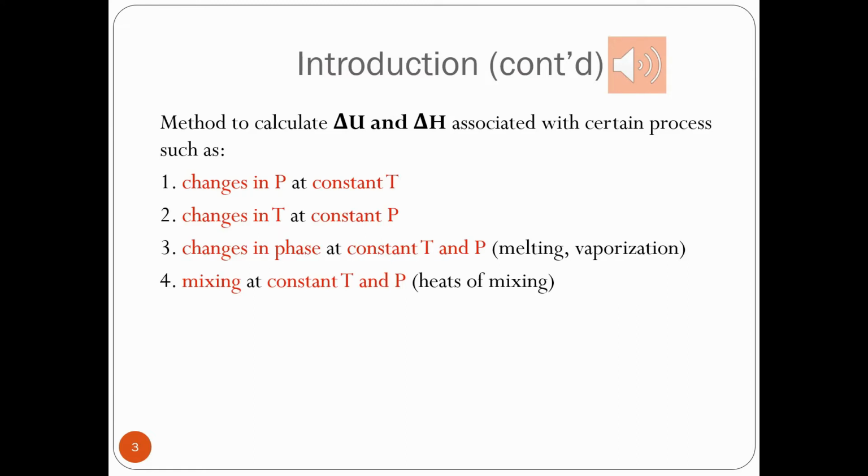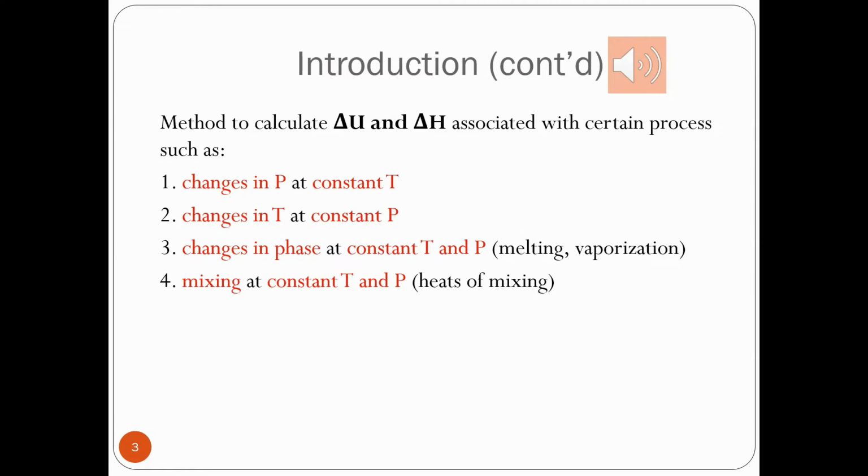This is going to be associated with certain processes, such as first, when there's a change in the pressure at constant temperature and state of aggregation. Second is when there's a change in the temperature at constant pressure and state of aggregation. Third is when there's a change in the phase at constant temperature and pressure.